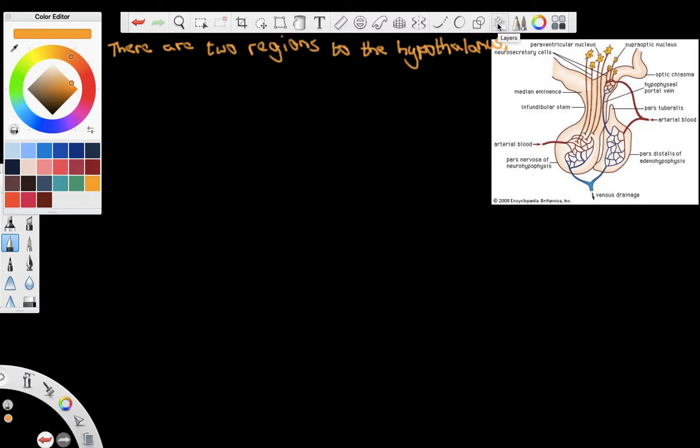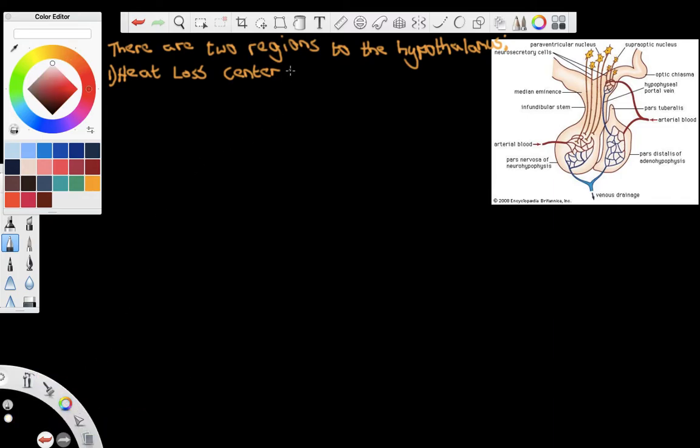There is the heat loss center. Imaginative, I know. The heat loss center. And this is a group of cells at the front of the hypothalamus which causes your body to cool down.